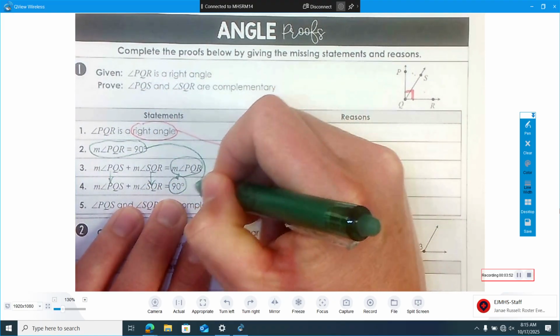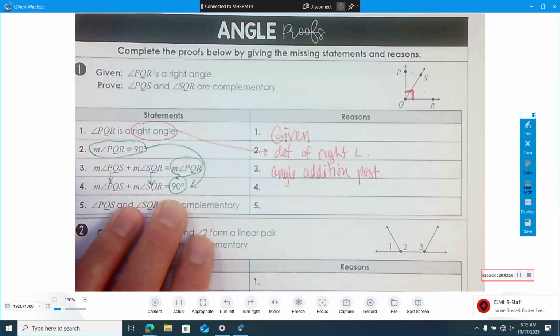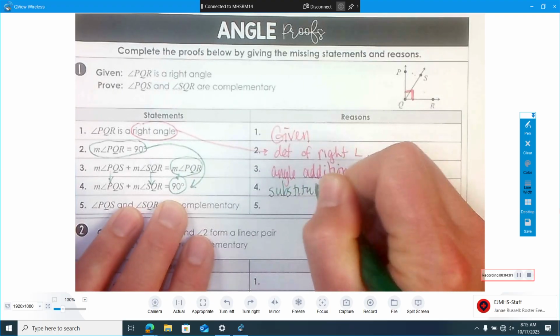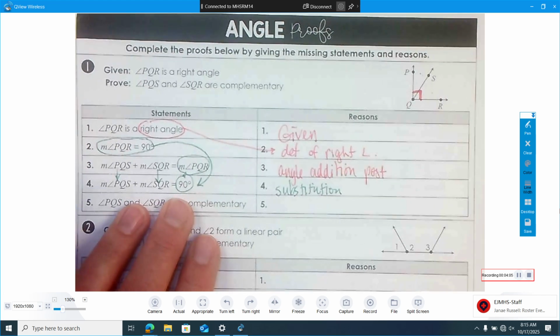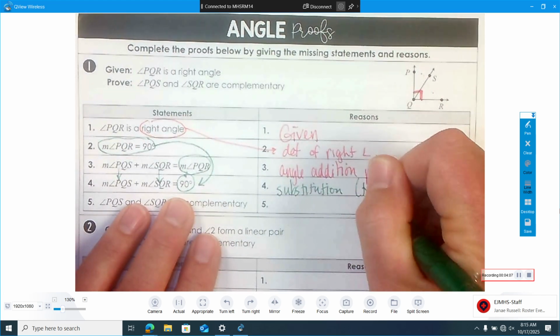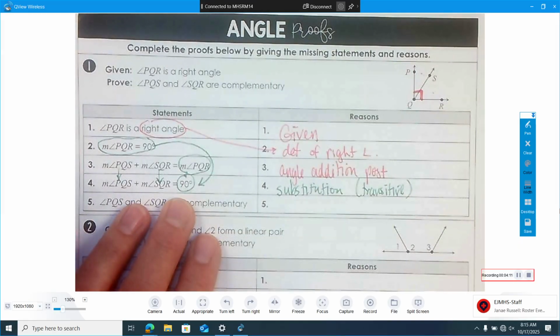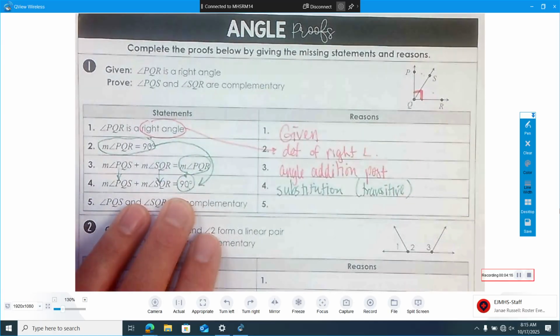They traded out the measure of angle PQR for 90 degrees. This is substitution. Or transitive. I think it's substitution, though. Transitive would work as well, but either or on those. I think it's substitution. We're just substituting something out and putting in a number, putting in a value.